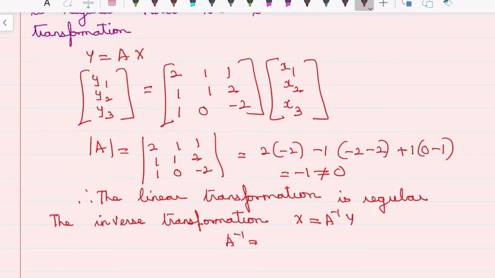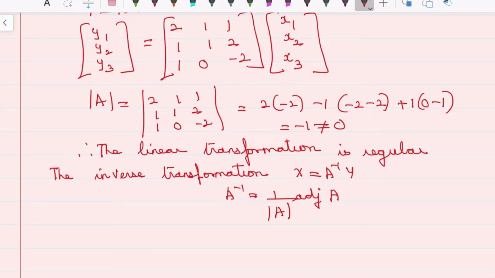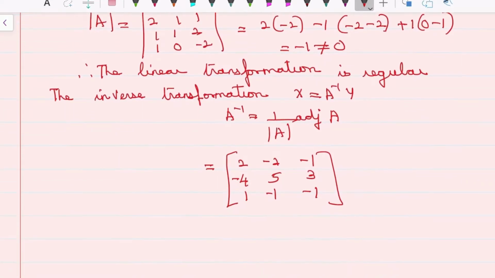A inverse is given by the formula 1 by determinant of A into adjoint of A. We have already seen how to calculate this in one of the earlier lectures. When you simplify, you get [2 -2 -1; -4 5 3; 1 -1 -1]. I am not showing the calculations because it was already discussed before.